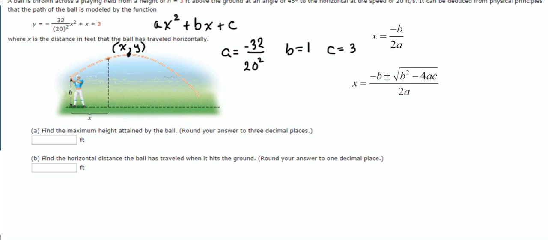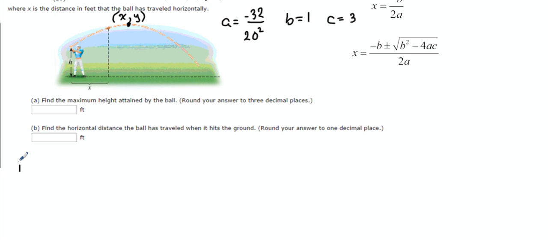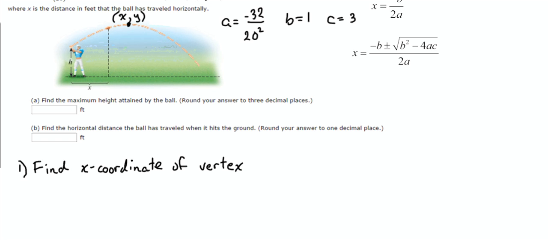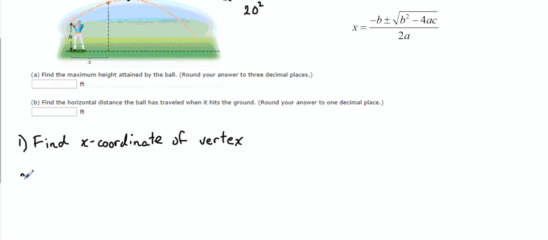So first off, let's find the x-coordinate. So step 1 is going to be to find the x-coordinate of the vertex. And we're going to use x equals negative b over 2a.